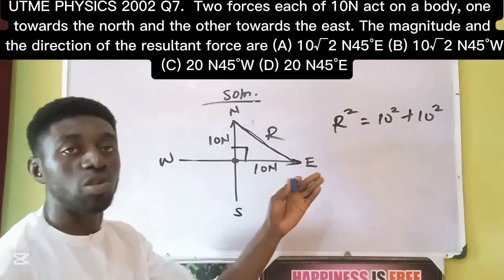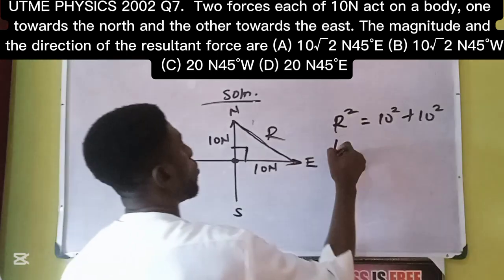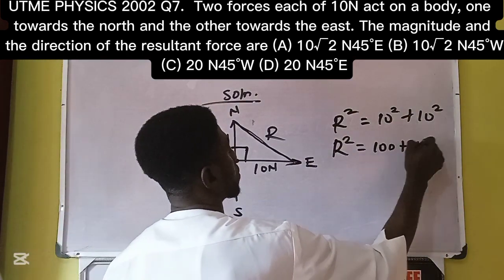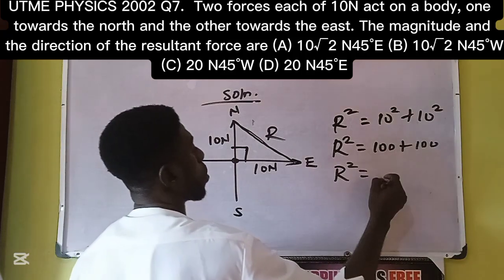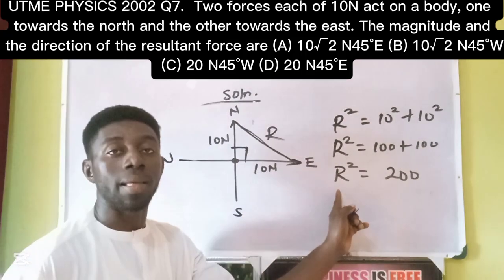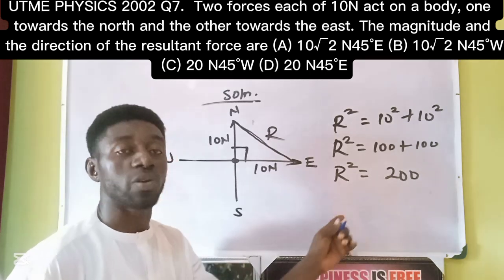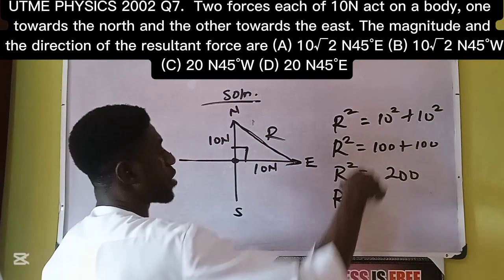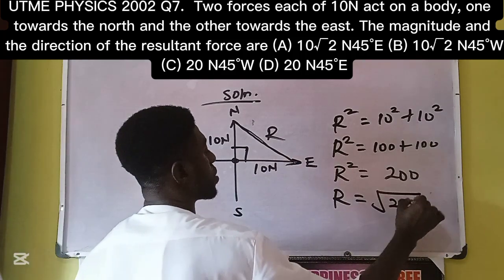That's our Pythagoras theorem for right angle triangles. Then we forge ahead. R squared is equal to 100 plus 100. R squared is equal to 200. Recall, I'm not looking for R squared. I'm looking for the resultant force. Then R is equal to the square root of both sides. Square root to cancel the square. Then the square root here becomes square root of 200.